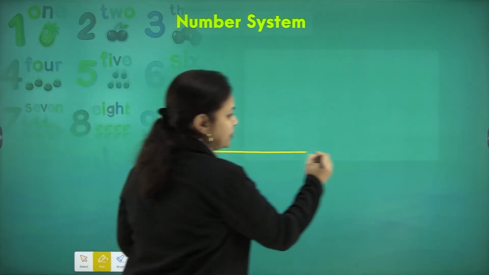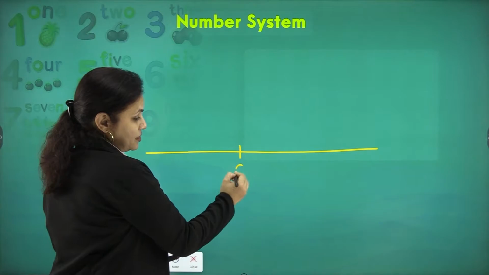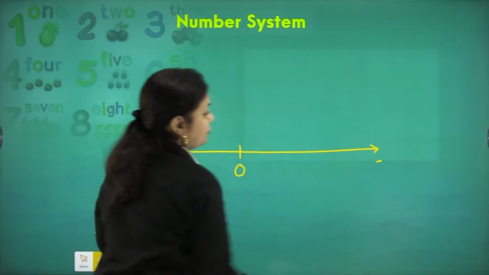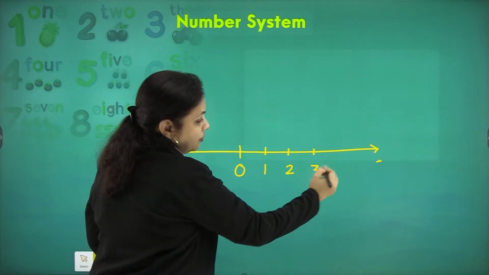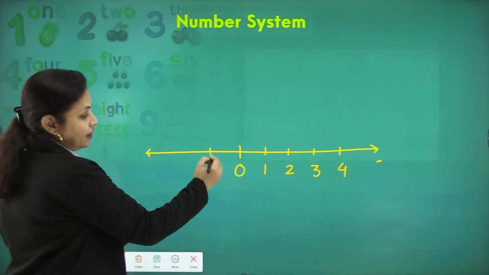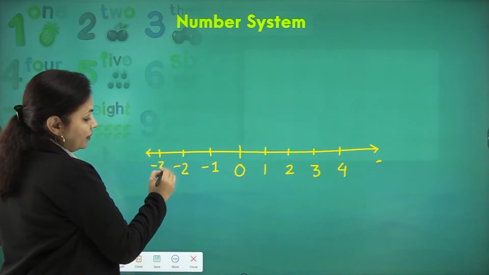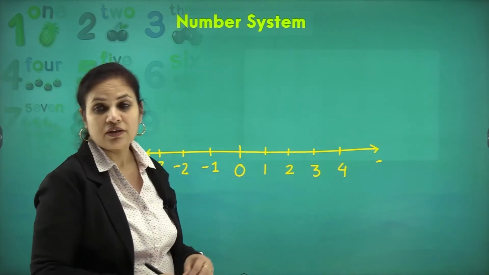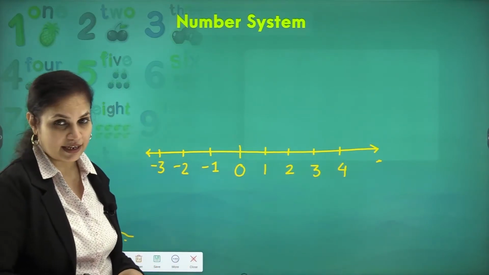So representing all these numbers which we have learnt so far on a number line, 0 being in the center of the number line, we have the positive numbers, whose value is greater than 0, lying on the right of the number line, and the negative numbers on the left. And the two arrows represent that the number line extends itself towards infinity, both on the positive as well as the negative side.